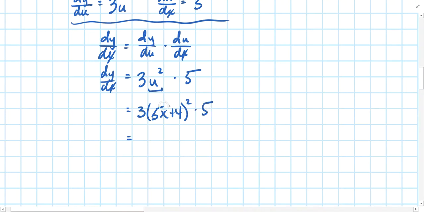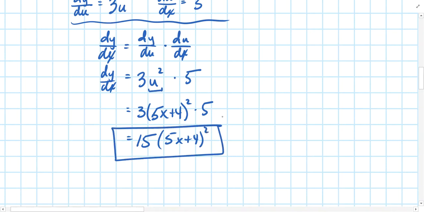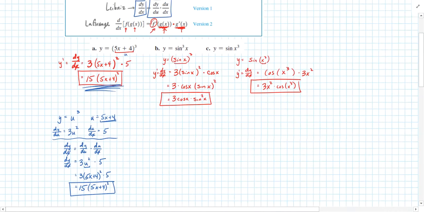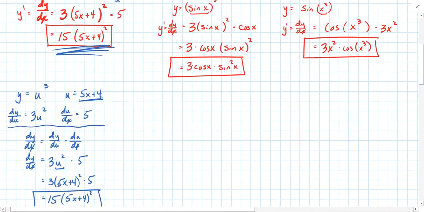And then, as we did before, we can multiply the 5 and the 3 to simplify it just a little bit. And we've got our 15 times 5x plus 4 quantity squared, which is the same as what we got before.